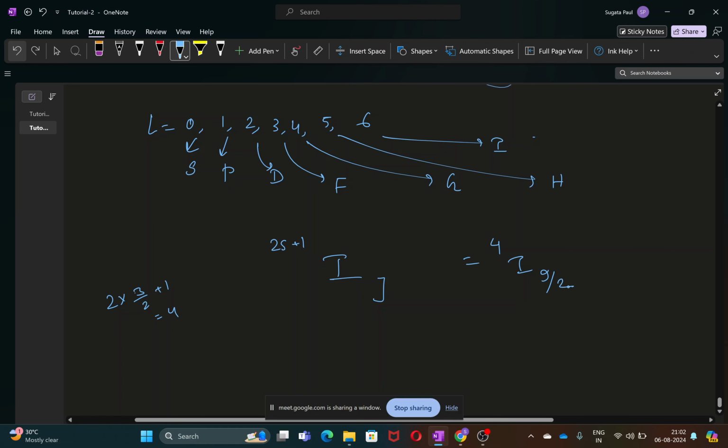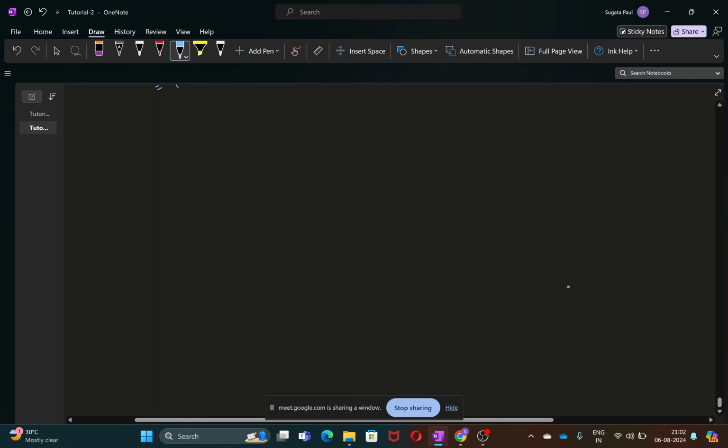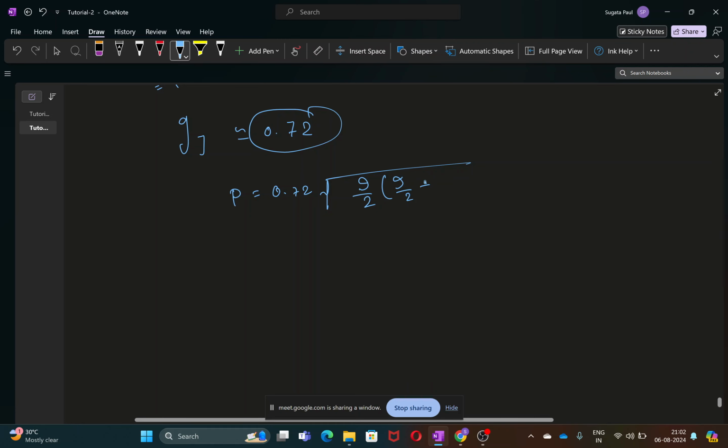Now just use your calculator and get the value of Gj by substituting the values of J, L and S. You will get Gj as approximately 0.72. Now using this value, you get P equal to Gj value 0.72, then substitute the J term, the square root of J into J plus 1, 9 by 2 into 9 by 2 plus 1, and we get approximately the value of 3.62.